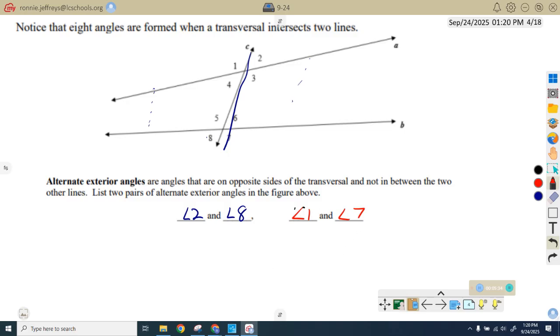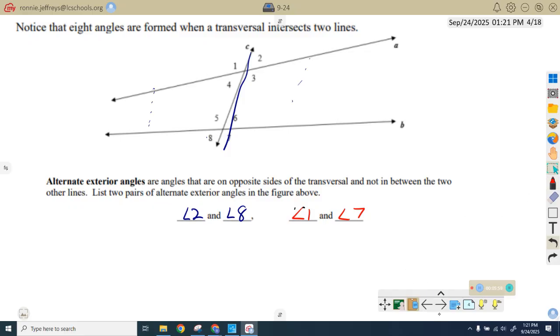That's the cool thing about this: as long as you know one of these 8 angles, you can find all of them. There's lots of stuff we can do with this. Find angle measures, prove that they're parallel, prove that they're supplementary, things of that nature.